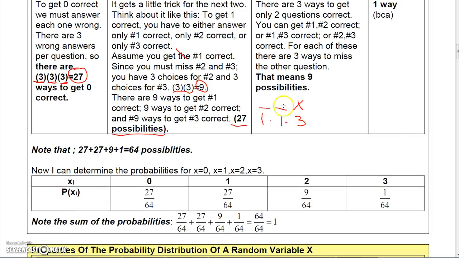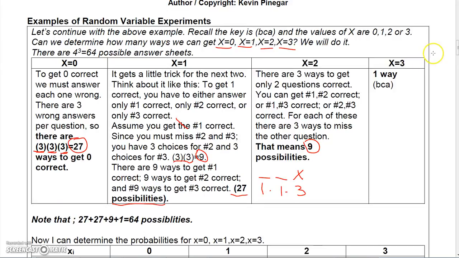But that's not the only way you could have gotten 2 correct and 1 wrong. You could have gotten the middle one wrong, or the first one wrong. So we multiply this by 3 to get 9 possibilities. And then to get all 3 correct, there's only 1 answer sheet that gets all 3 correct.